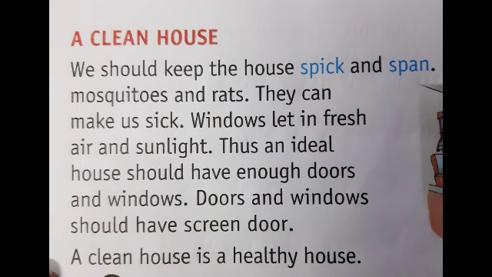Thus, an ideal house should have enough doors and windows. A clean house is a healthy house. We have to keep our house neat and clean for our good health.